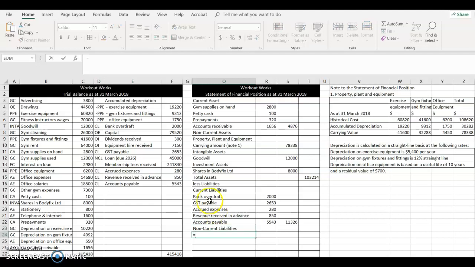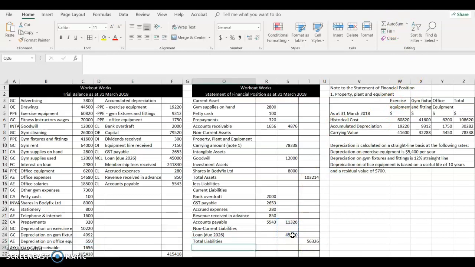Normally they only have one of these, either mortgage or in this case loan. And because there's only one, we can put it straight into that second column. And our total liabilities, just our current plus our non-current.